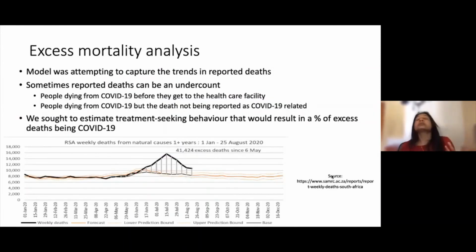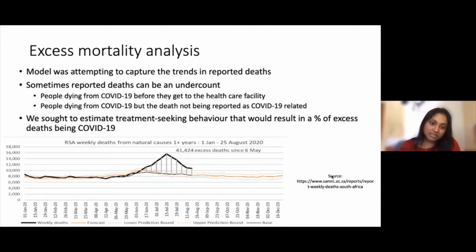And in yesterday's presentation, we also heard the concept of excess mortality. And this, I think, is one of the strengths of our response to the South African COVID-19 epidemic, is that we've had experts in different fields around the country all contributing simultaneously to analyzing different aspects of the epidemic.